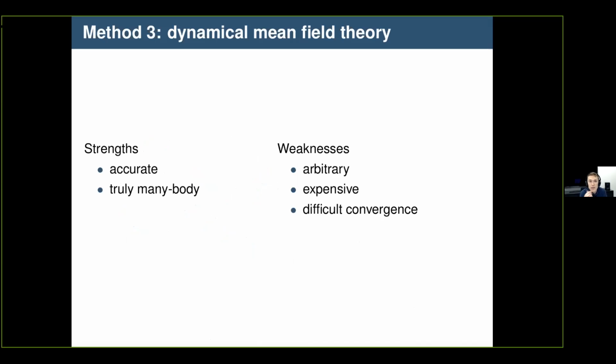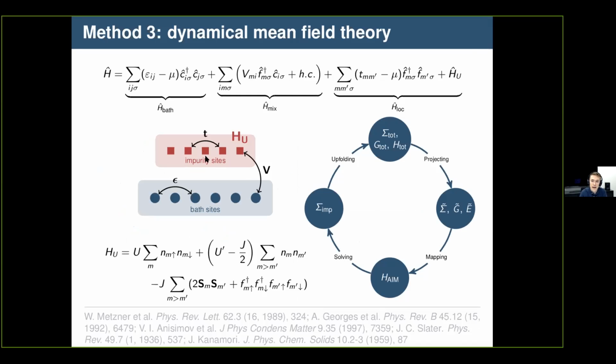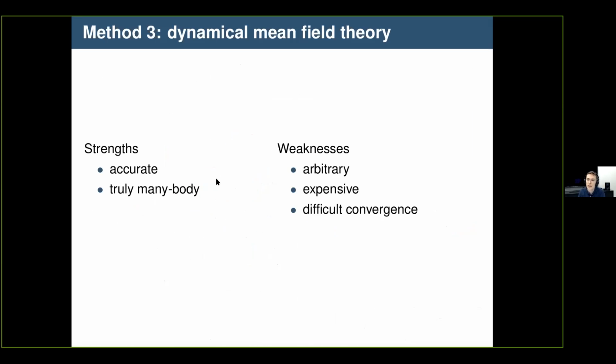There's still the same problem of having this arbitrariness to do with the correlated subspace. There's less of an issue with what I was saying before, that you might also want to apply the U correction to the oxygen subspace, because the nature of this mapping of these parameters to these epsilon and V parameters means that you don't destroy bonds that exist between the impurity sites and the rest of the system.